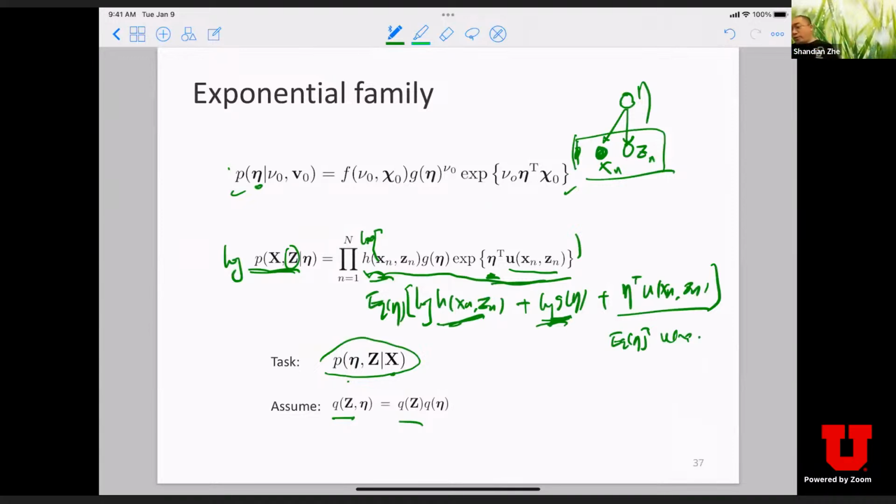Maybe you have a Gaussian distribution, right? You just know part of the variables. This is your Zn, this is your Xn. But you know Z and Xn are jointly Gaussian, but unfortunately you just measure part of it. And then you can infer that, right?